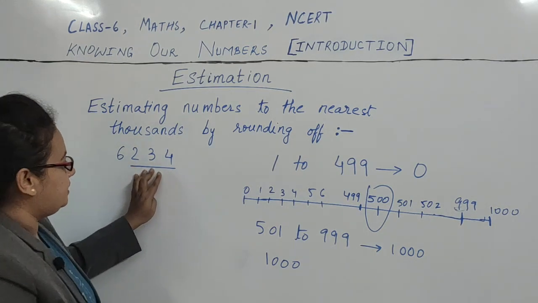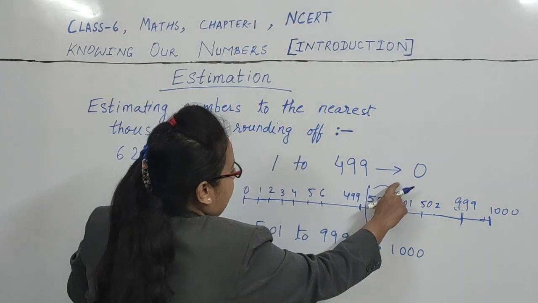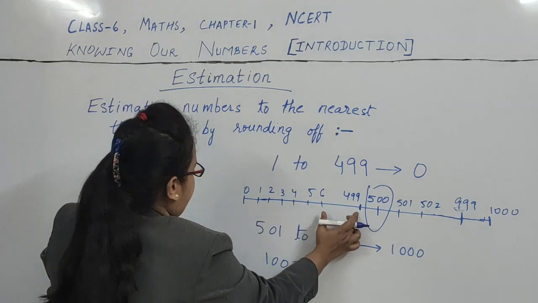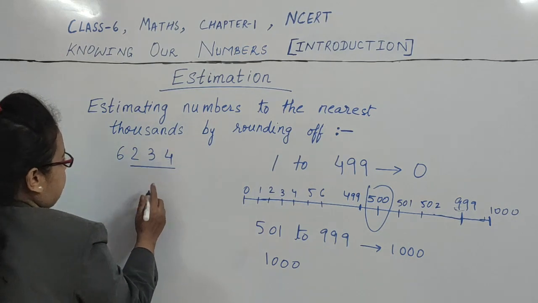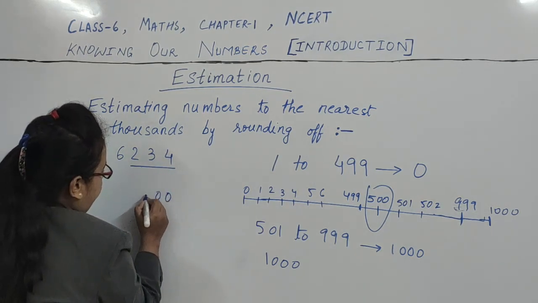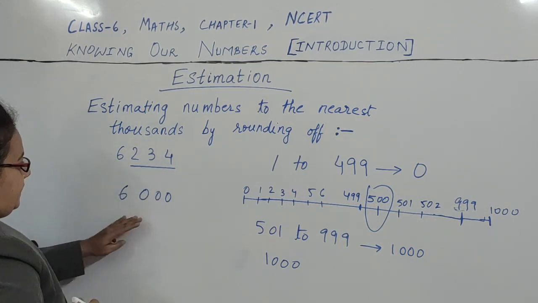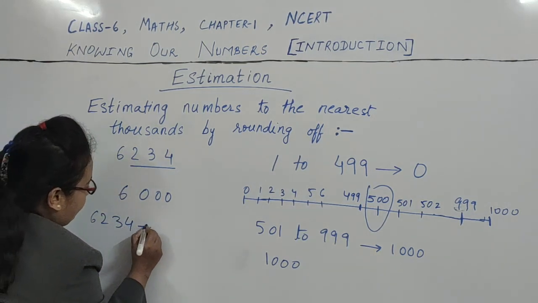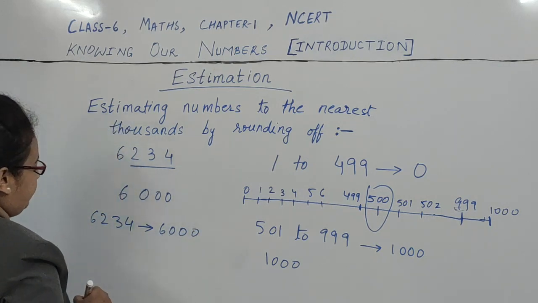If this 234 is between 1 to 499, it will be rounded off to 0. Since there are 3 digits, they are rounded off to 0 and 6 will remain as it is. So 6234 rounded off to the nearest thousand is 6000.